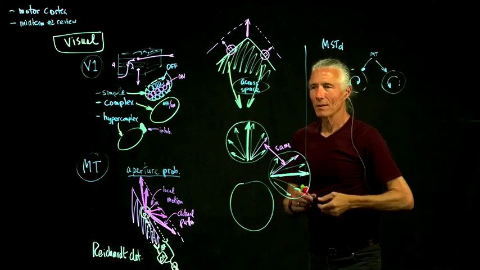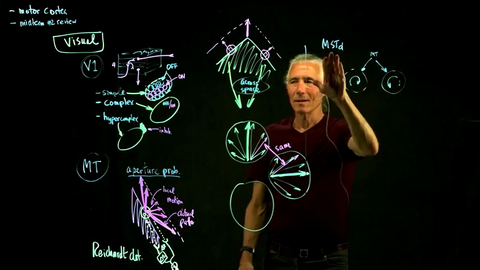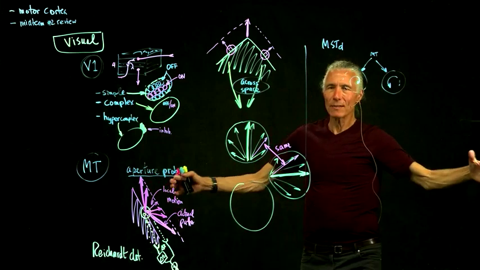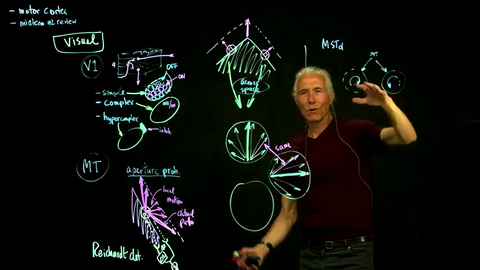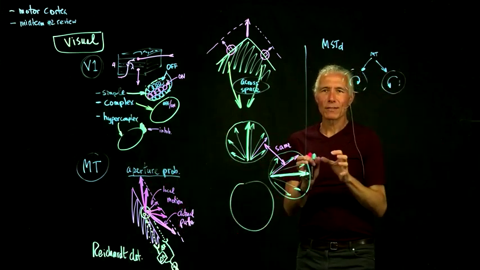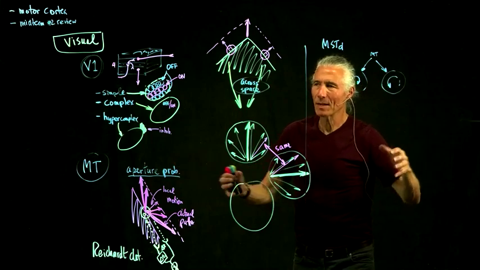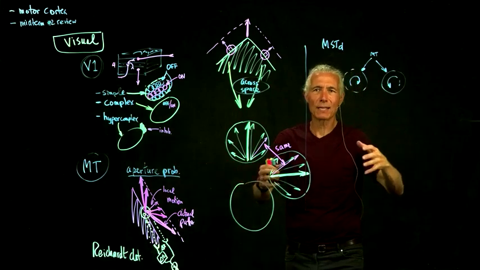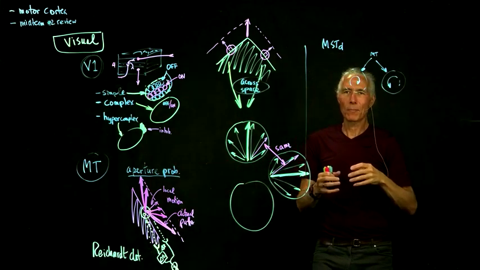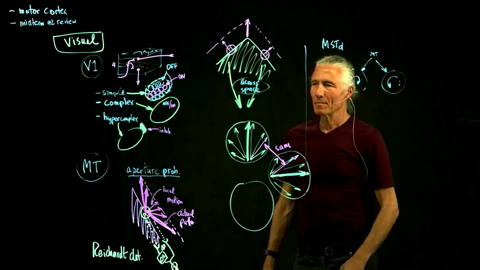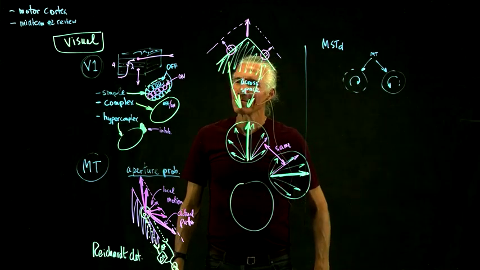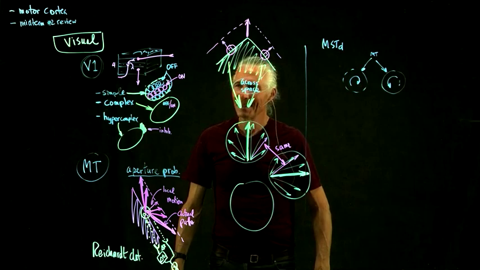And so what we have to do to make MSTD is sum across even more space to try to figure out, is the whole world rotating, or is it expanding because something is coming toward you, or is it contracting because you're, say, backing up? So this is a contraction problem or something like that?